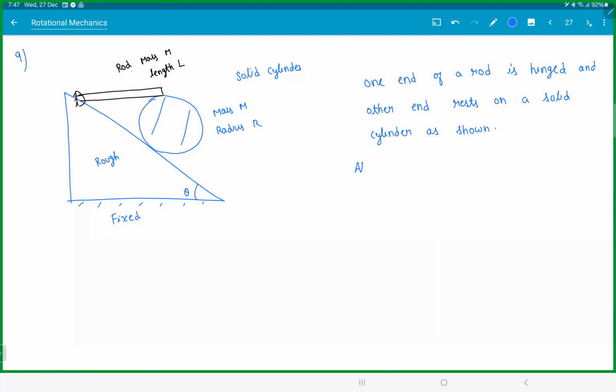All surfaces are rough. Find friction between the rod and cylinder, and cylinder and incline.